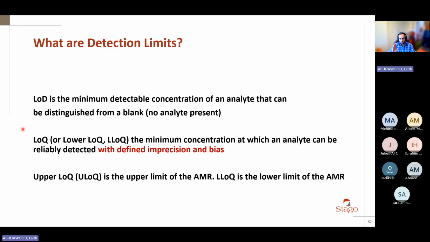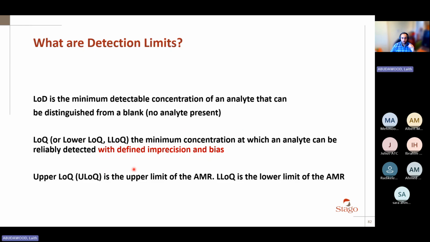To reiterate, limit of detection is the minimum detectable concentration. Between it and the limit of blank, I can say present or not present. That's all I can do. Can I give a quantity? No, based on CLSI and many other guidelines.